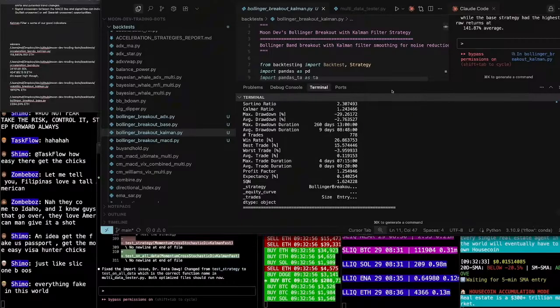Expectancy of 16. Sheesh. The Sortino is 0. That's weird.